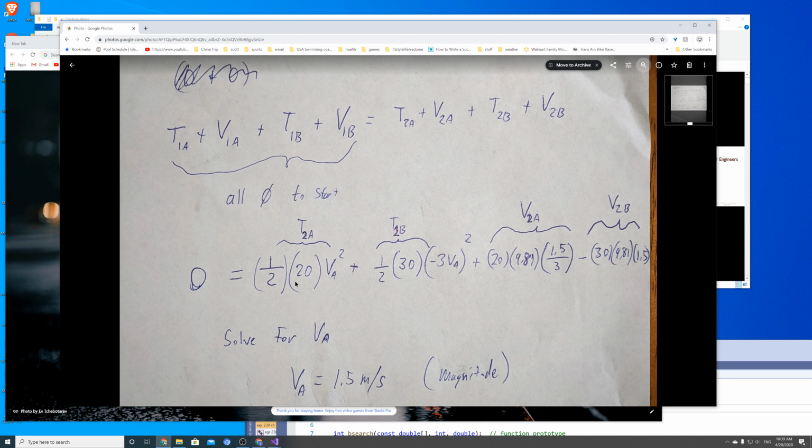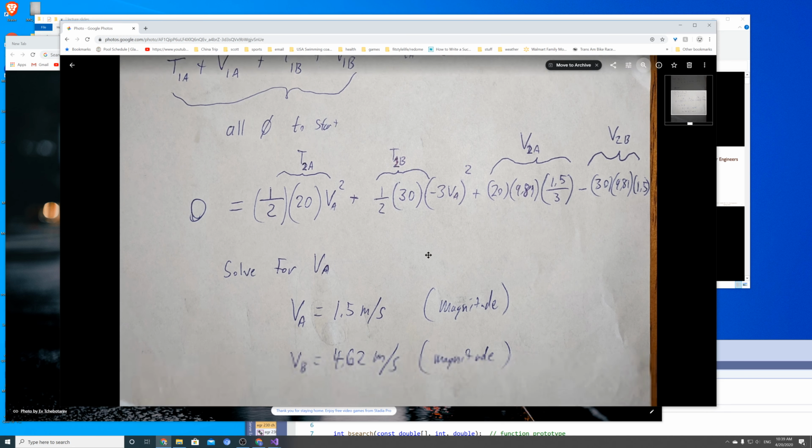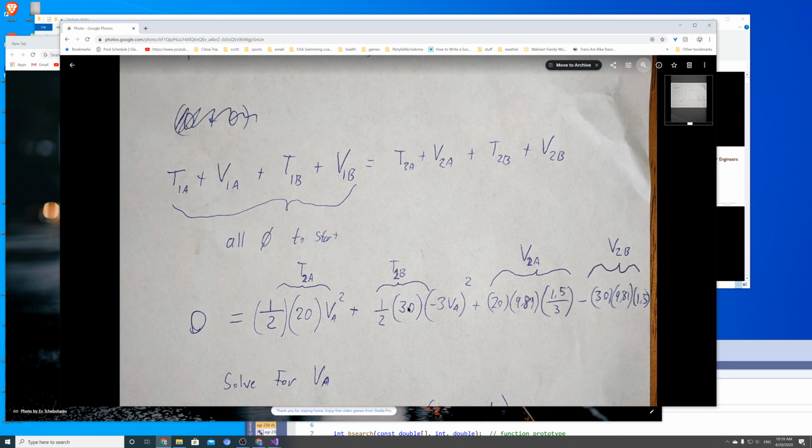Here is our initial kinetic energy, for VB. Oh, no, sorry, this is the initial kinetic energy of both. So here's for VA. You could solve for VA and then, of course, plug it back in with that relationship of VB.